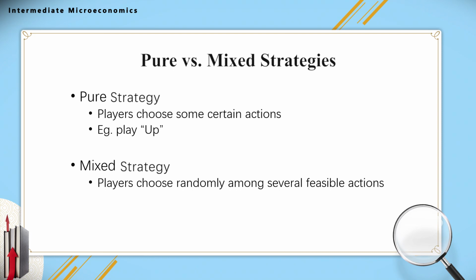For example, in our first example, player A can decide whether to choose up or down by tossing a coin. This mixed strategy is to choose up with 50% probability and to choose down with 50% probability.